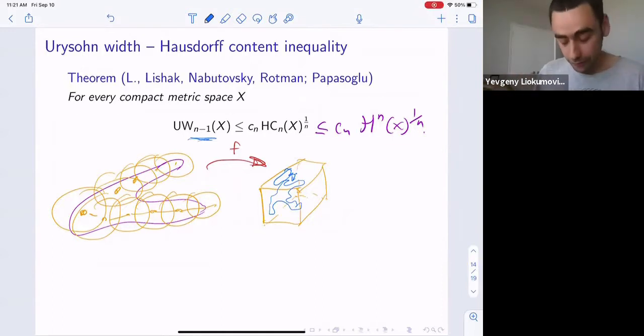But that inequality, if you remember, the constant, the size of the filling and the displacement all depend on the dimension of the ambient space.